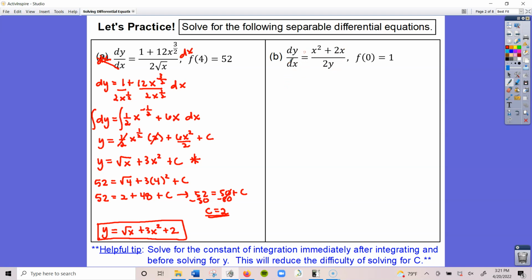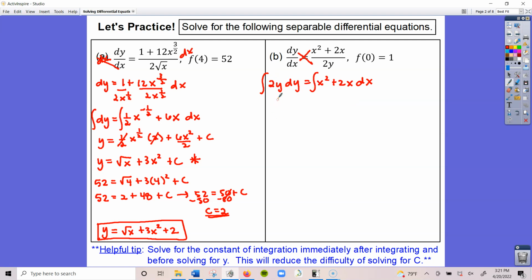Then what you can do to group them together appropriately is you can cross multiply. So that way on the left side I have 2y times dy, which is 2y dy, is equal to x squared plus 2x dx. And now I'm ready to integrate.